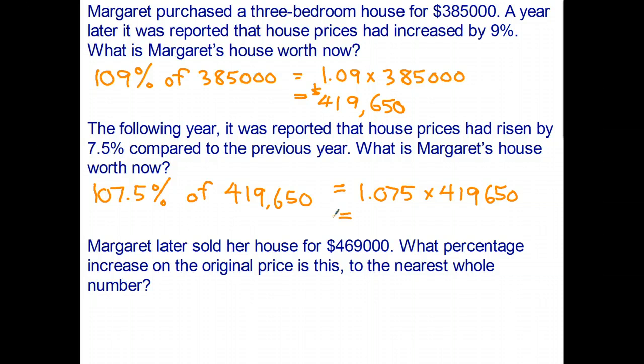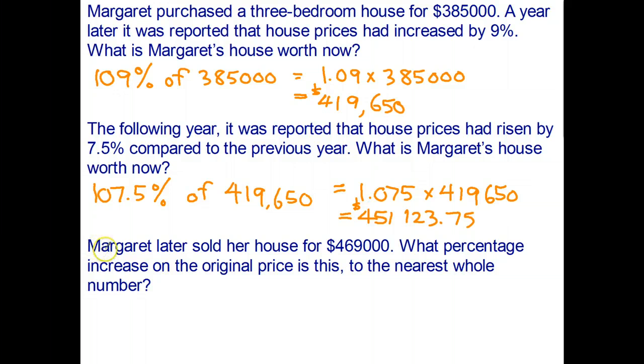So because that number is stored in the calculator, I can just go times 1.075. I don't need to retype it. And I get $451,123.75 is the price of the house now.